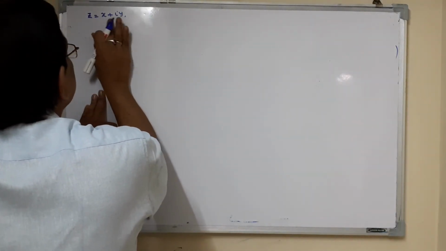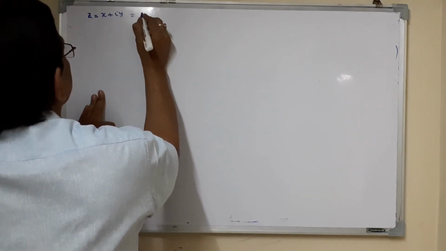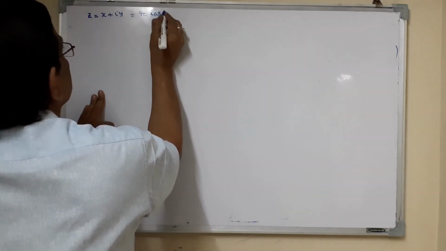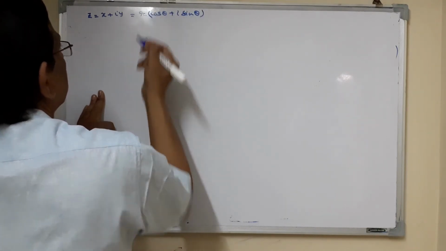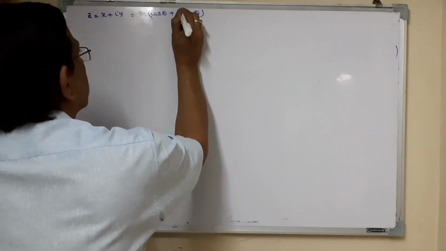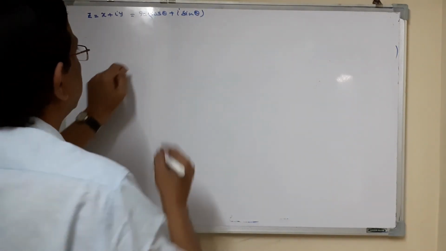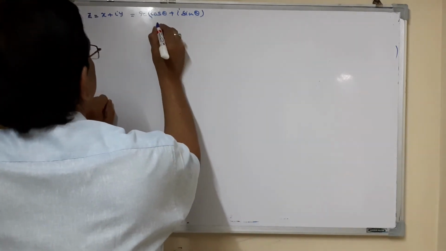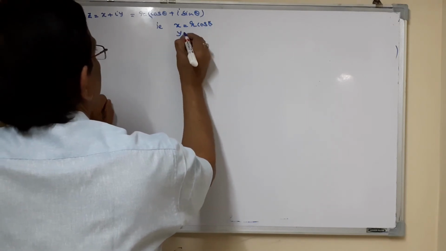We are writing z equal to x plus iy, which is equal to r into cos theta plus i sin theta. That means r cis theta. So x is r cos theta, y equal to r sin theta.